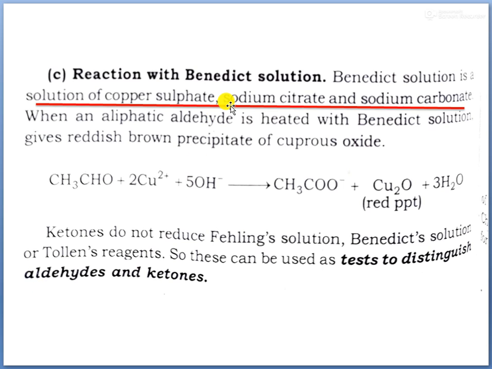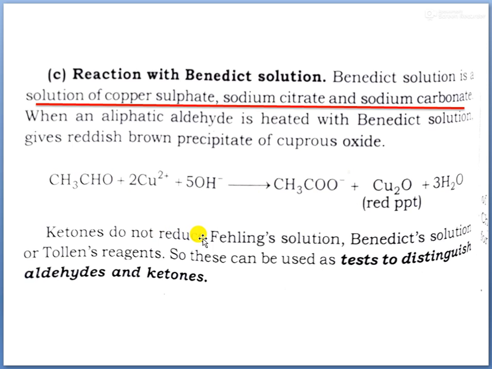Next is the reaction with Benedict solution, and this is also a third kind of test for aldehydes alone. Benedict solution is a solution of copper sulfate, sodium citrate and sodium carbonate. When an aliphatic aldehyde is heated with this Benedict solution, we get a reddish brown precipitate, that is cuprous oxide, and the aldehyde group is oxidized to the carboxylate group.